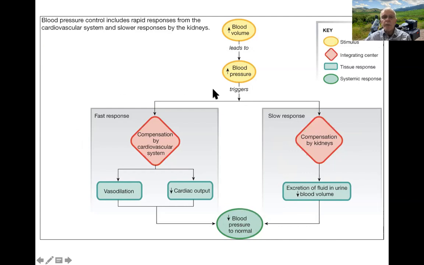But again, it's going to require a lengthy discussion to show how changes in sympathetic stimulation to the heart, for example, cause reduced cardiac output, how reduced sympathetic stimulation of the vessels results in vasodilation to collectively cause a reduction in blood pressure. So this is an overview and will require a lengthy discussion.